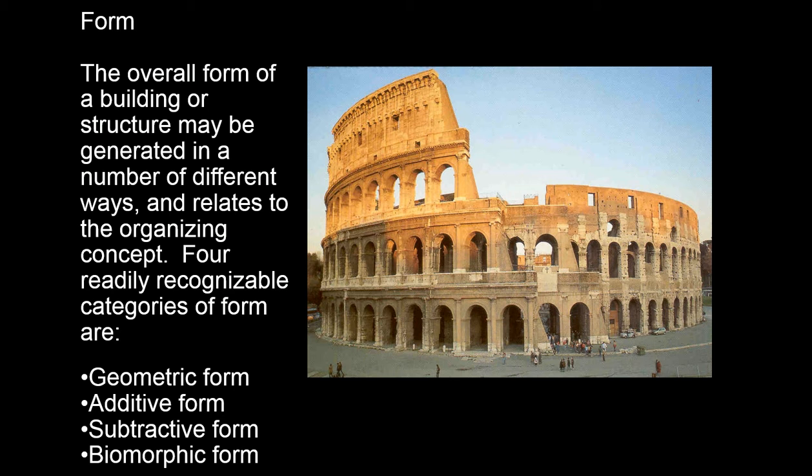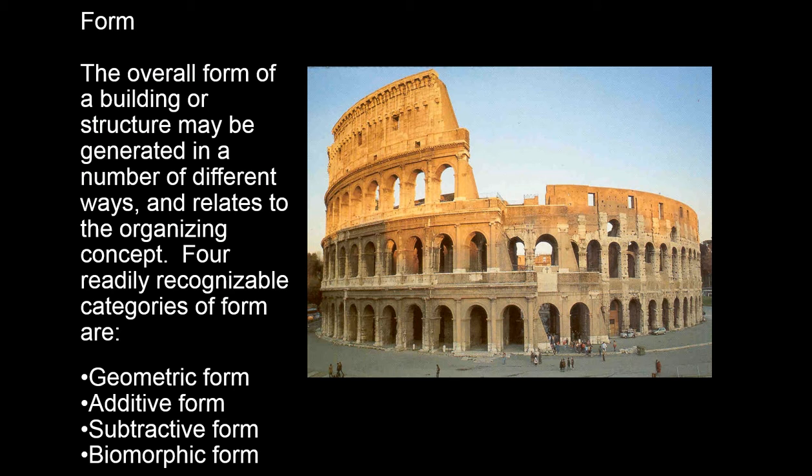When Michelangelo or Leonardo da Vinci or one of the great sculptors would have a giant chunk of marble, they would chip away at it to reveal the form inside that they were thinking of. That's subtractive form. And finally, there's a different way of looking at it, a biomorphic form or an organic form.